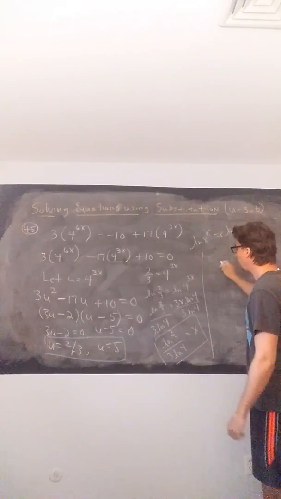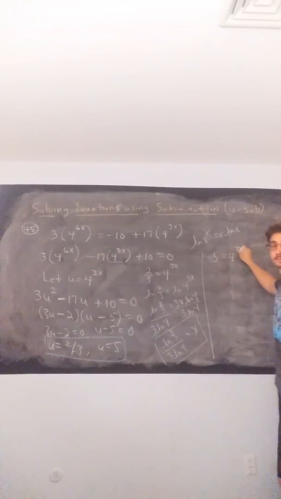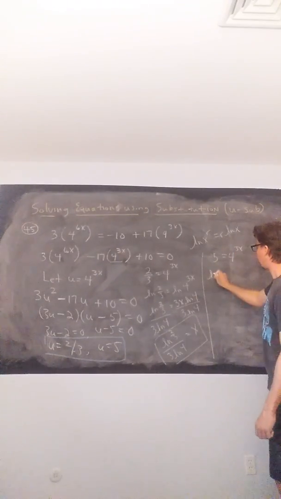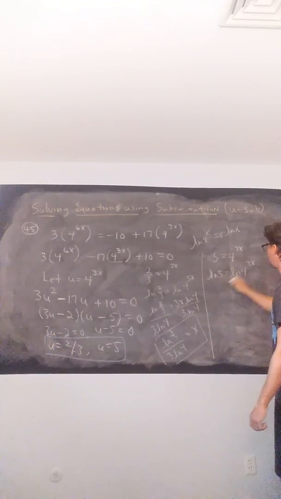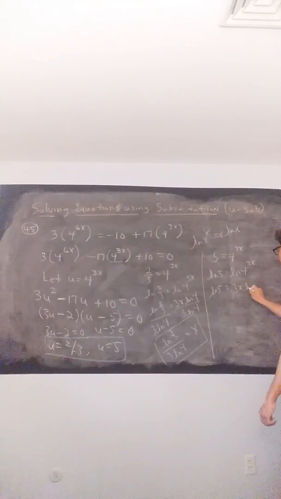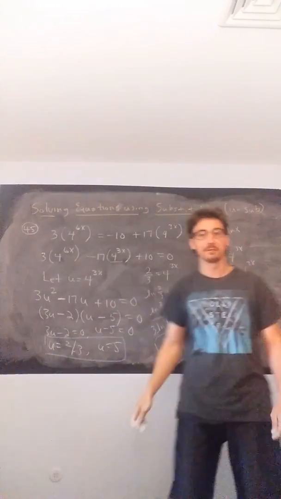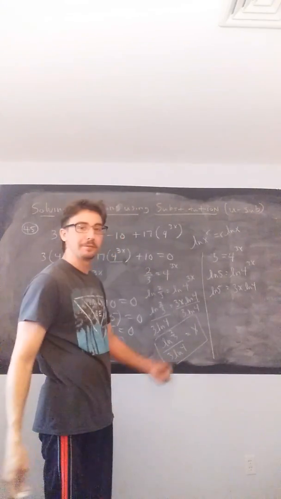The second one is going to be 5 equals 4 to the 3x. So what we'll do is take the ln of both sides again. So we have the ln of 5 is 3x ln 4. See, isn't this fun? This is really fun. You're stuck at home, what better to do than solve equations, right?